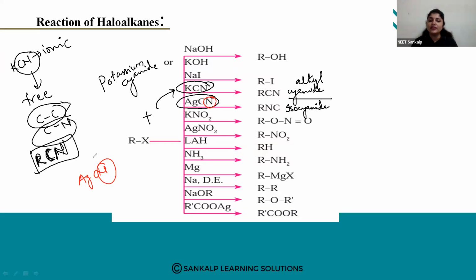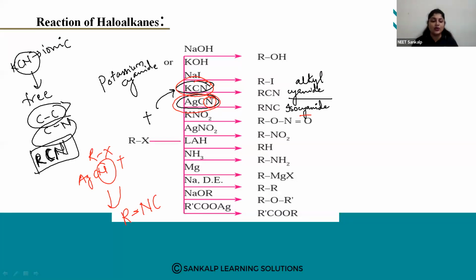So when RX reacts with AgCN, only nitrogen is able to link, so it will form RNC. Alkyl isocyanides are the major products. Understood? Very important: why it forms cyanide with KCN, and why it forms isocyanide with AgCN. Remember this.